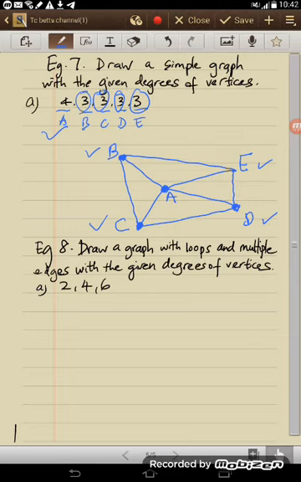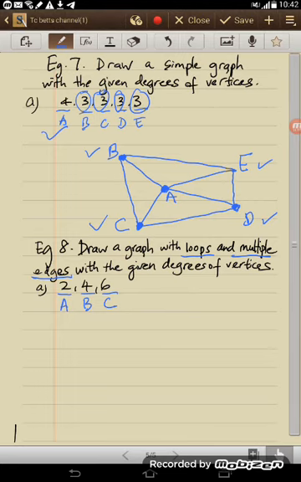Next, you have to draw a graph with loops and multiple edges. Remember, loops and multiple edges. So we start again by labeling, yeah, A, B, and C for all the degree.